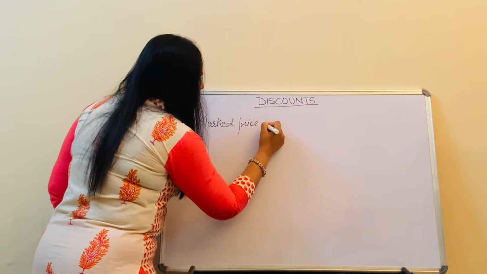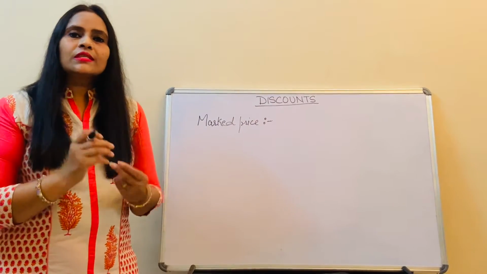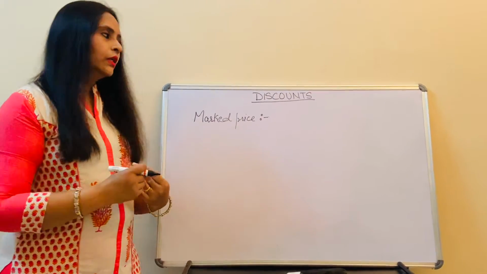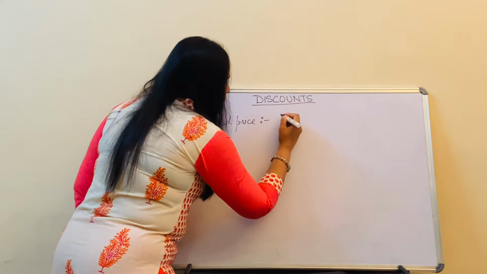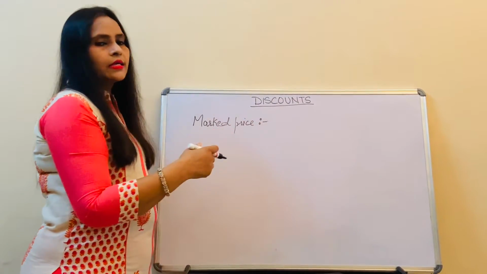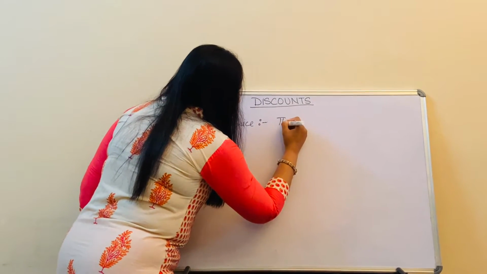The marked price of an article or good is the price which is written on the tag of that article or good. That is the value of the good on which the shopkeeper is selling that good.